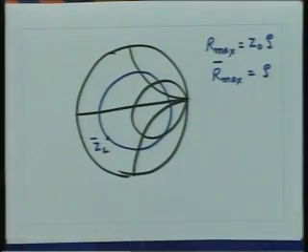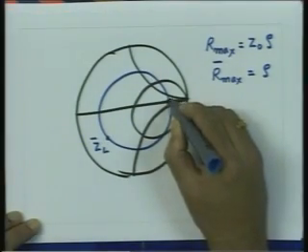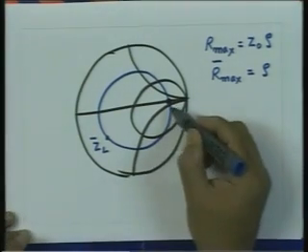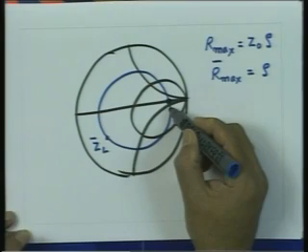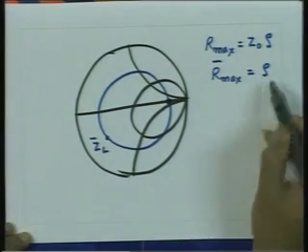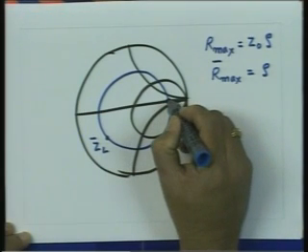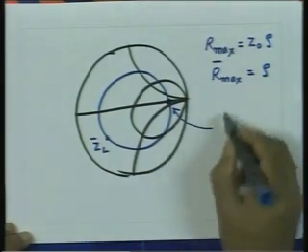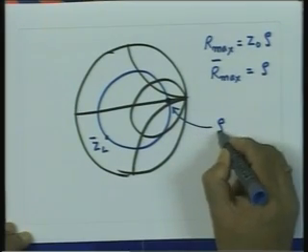So, this point here, the rightmost point on this axis, corresponds to normalized R max, and normalized R max is nothing but rho. So, if I read off the value of this point from the Smith chart, this straight away gives you the VSWR. This quantity straight away gives me the value of rho.